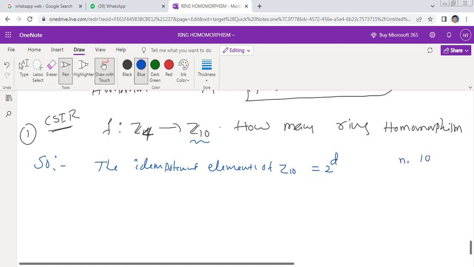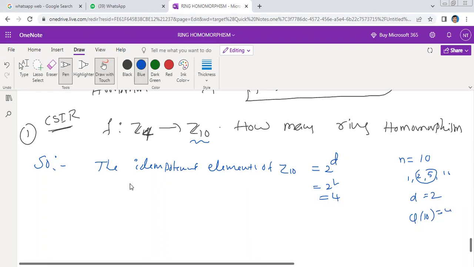Here n is equal to 10. The prime factors are 2 and 5, so d is equal to 2. Therefore, this is equal to 2 squared, which is 4. Or else we can apply Euler's phi of 10 also, the number of divisors.